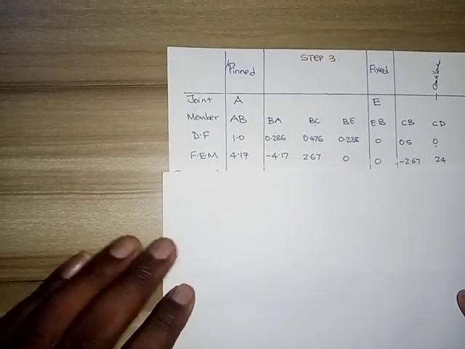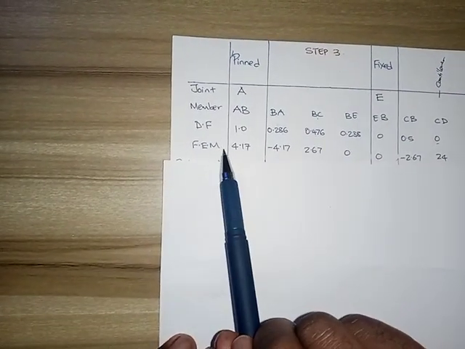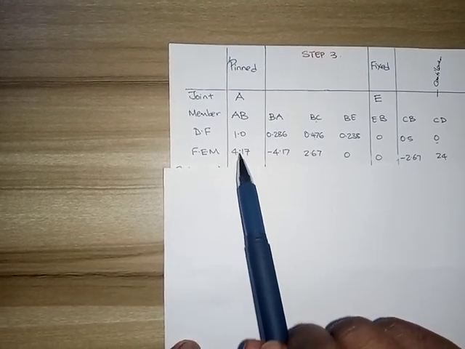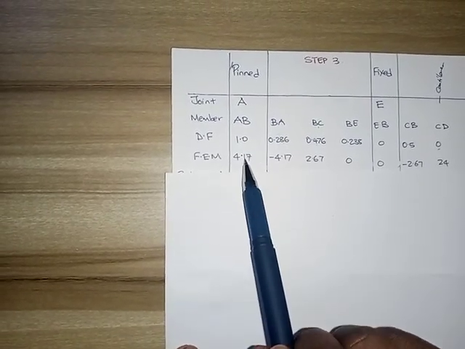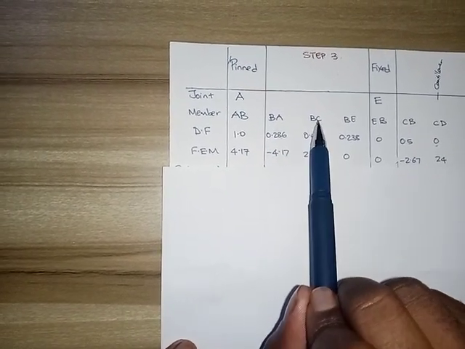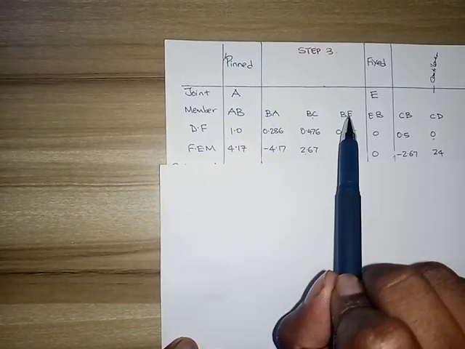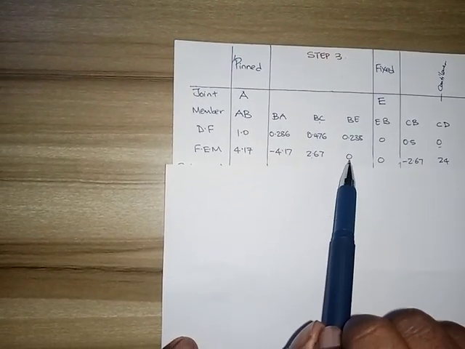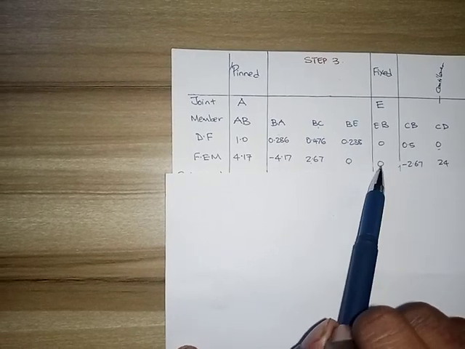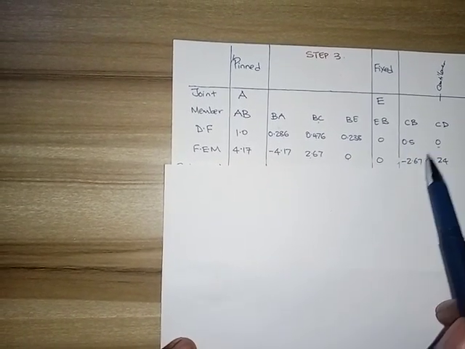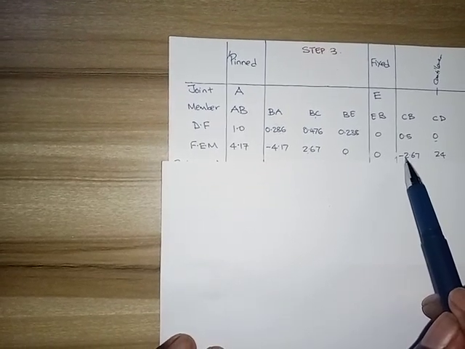So the next thing you write is the fixed end moments, the ones we calculated in our very first step. For AB is 4.17, for BA is negative 4.17, BC is 2.67, BE, we said there was no loading, so it is 0. Same case with EB. For CB, it is negative 2.67.